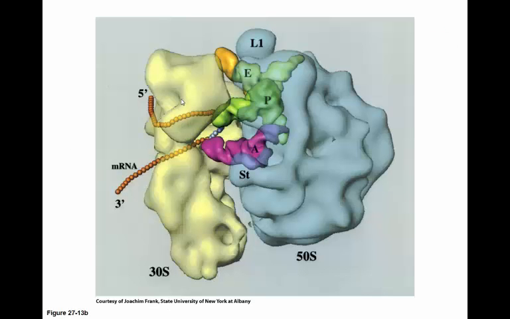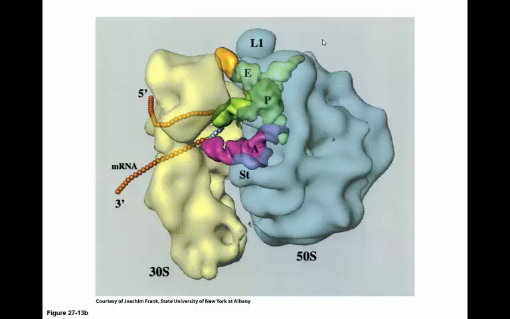This is our assembled functional ribosome that has the mRNA. So here's our mRNA. Here's the 5' end. Here's the 3' end. This is the aminoacyl tRNA that's in the A site. This is the tRNA that's in the P site. This is the tRNA that's in the E site. This one is going to exit.